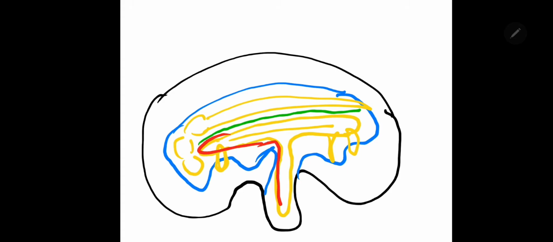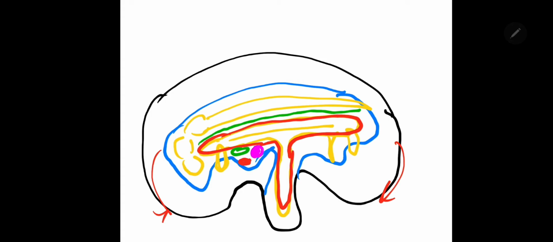Because of the folding, head fold, tail fold and lateral to lateral side folds, the amniotic cavity is enlarged in size, and here comes the cardiogenic plate. Septum transversum will be here, and there will be formation of the cardiogenic plate, pericardial sac.